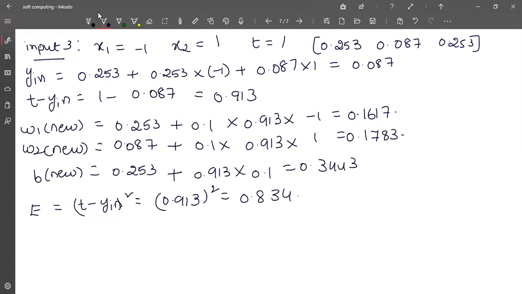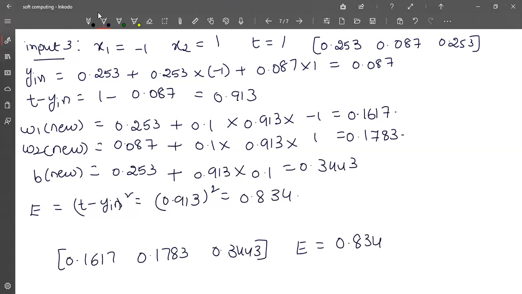Okay, so our new weights are 0.1617, 0.1783, 0.3443, and error is equal to 0.834. Similarly, do for the fourth input.